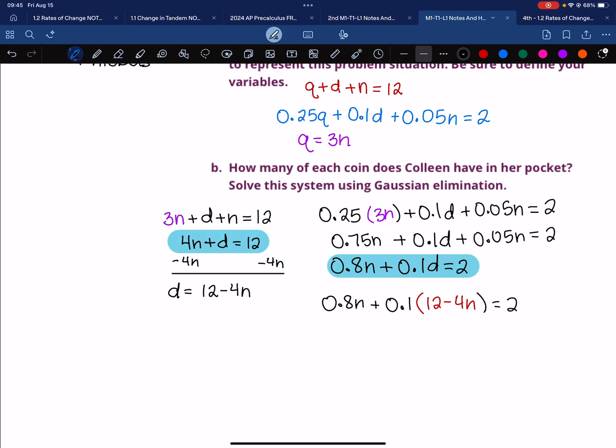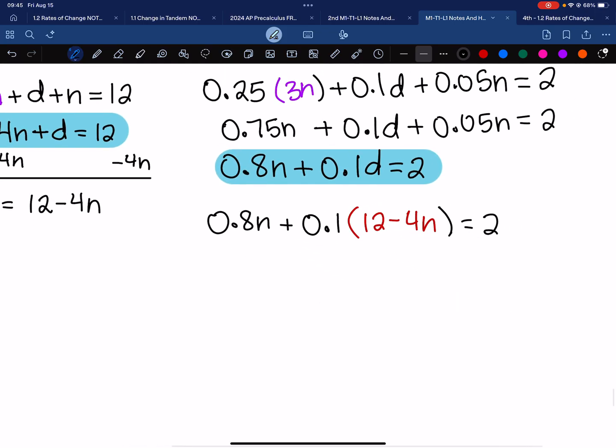We have 0.8n plus 0.1 times 12. That gives us 1.2. Then we have 0.1 times negative 4. That gives us a negative 0.4n equal to 2.